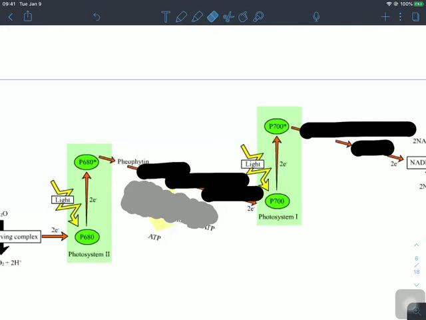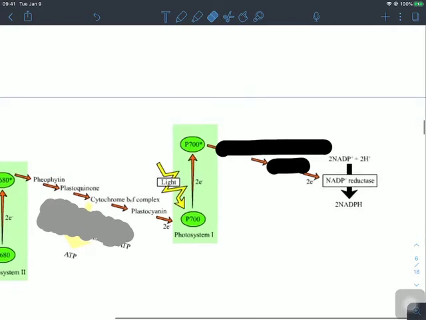They start out with pheophytin, plastoquinone, and they combine plastoquinone A and B into a single thing. They include cytochrome B6F and show that cytochrome B6F is actually what's producing our ATP. And then they have plastocyanin. Then photosystem P700 is jumping up that electron in energy again with the help of light.